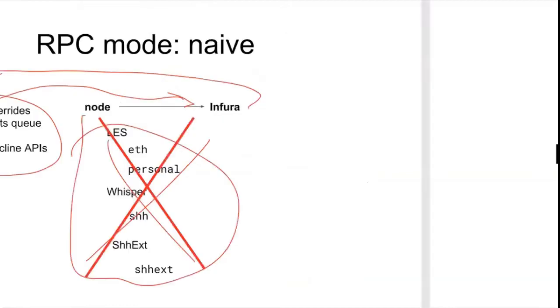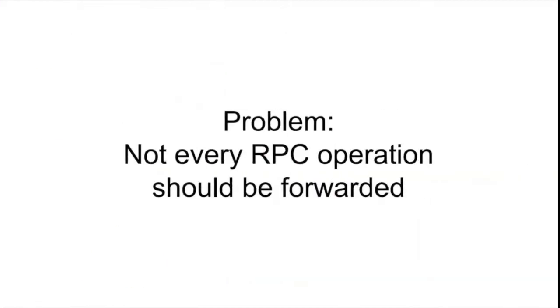Except it won't work, because not every RPC operation should be forwarded somewhere. First of all, you probably don't want your private keys to be sent anywhere, and Infura doesn't support everything. It supports a very limited set of APIs, and it doesn't support Whisper, for instance. So for both security and technical limitation reasons, and some convenience reasons, we don't want to send everything forward.